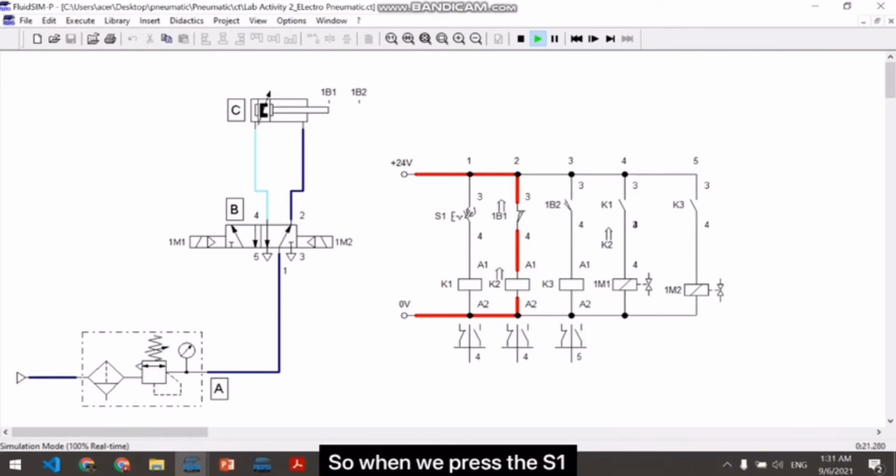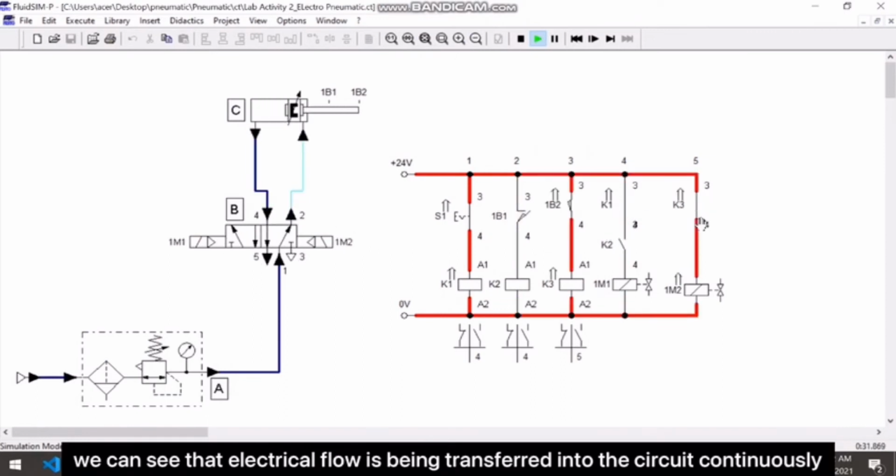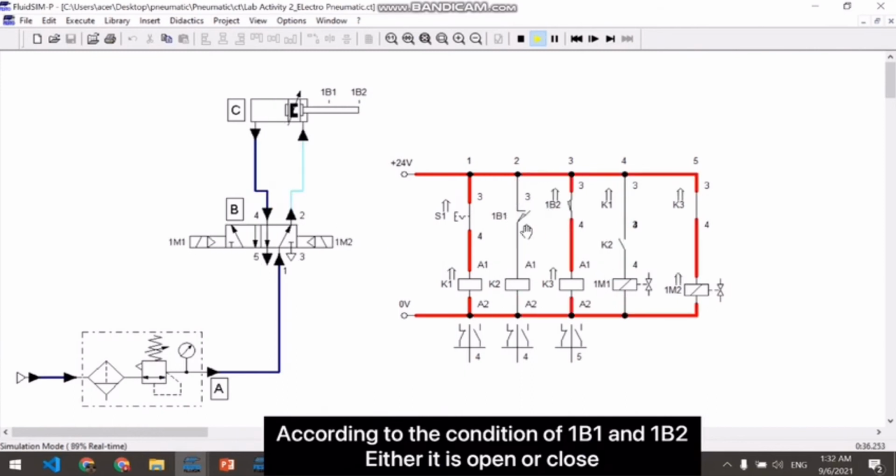When we press this detent switch, S1, we can see that the electrical flow is being transferred continuously into the circuit according to the condition of the 1B1 and 1B2 switches, either closed or open.